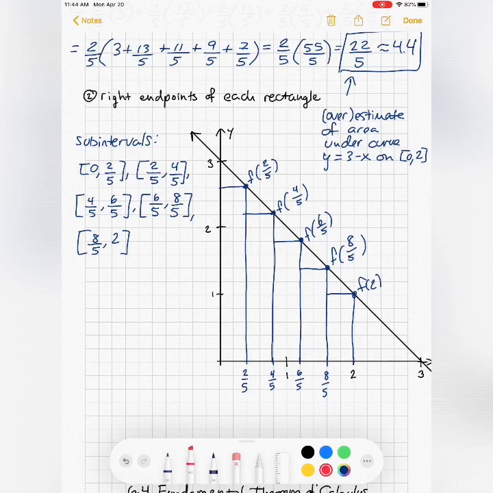So you can see this time, when I sum up the areas of these rectangles, I'm actually going to get an underestimate of the area of the curve itself. Because I'm not going to be accounting for these chunks.